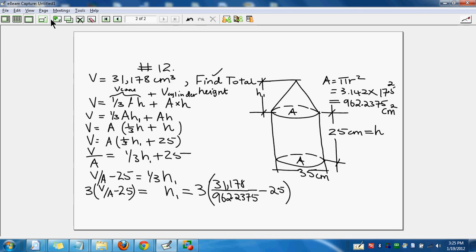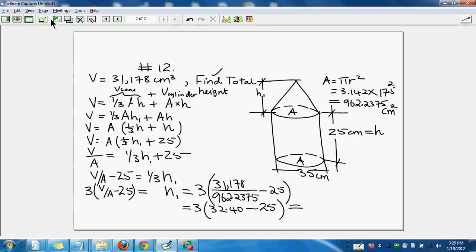Okay, you get 32.40. So this works down here to be 3 into 32.40 if you round this off. All right, minus 25. And then this will work out now to be 7.4 in the brackets, multiply by 3, you get 22.2.